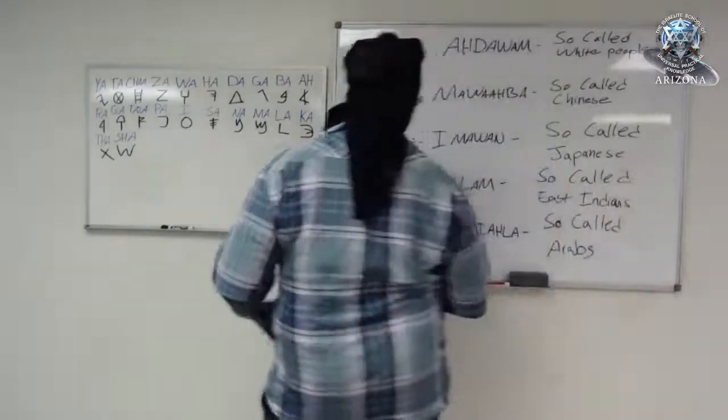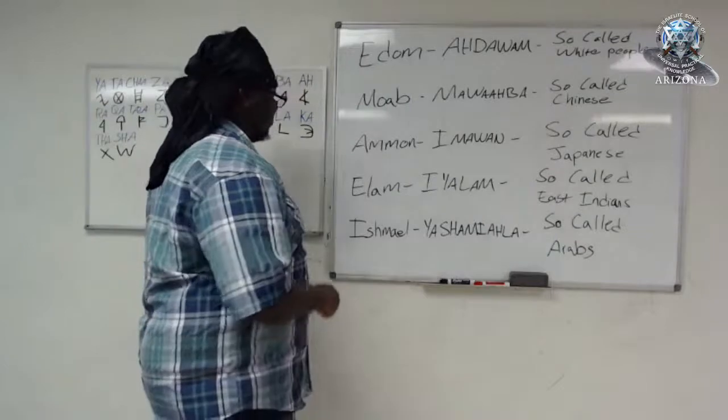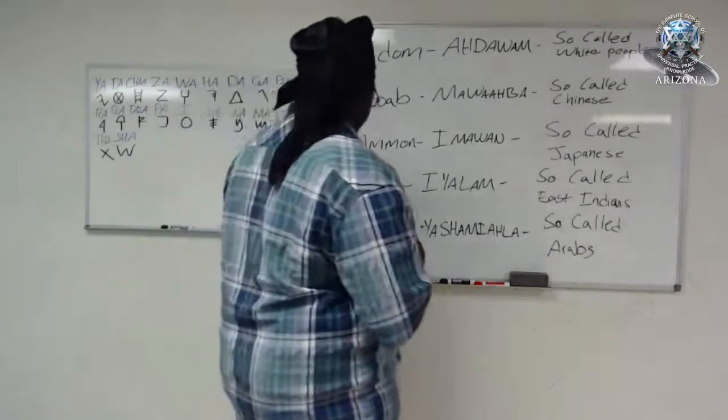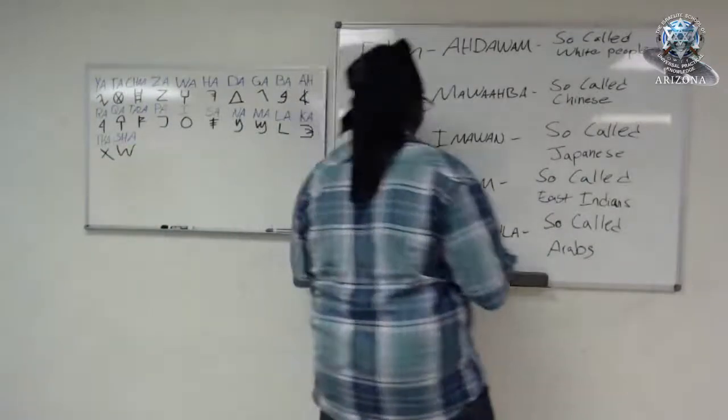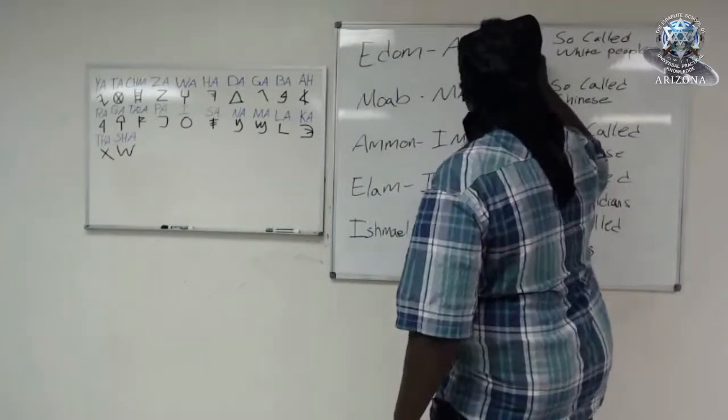All right, so we got Edom, Moab, Ammon, Elam, Ishmael.